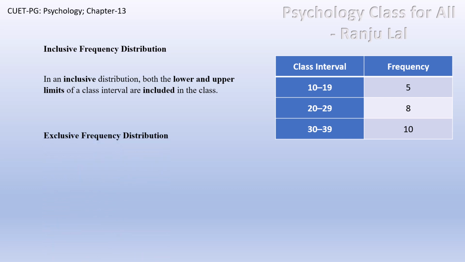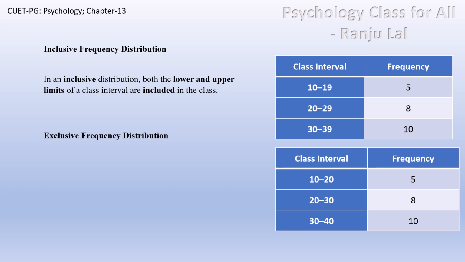The next is exclusive frequency distribution. In an exclusive distribution, the upper limit is excluded and the class interval includes values from the lower limit up to but not including the upper limit. In this example, the class interval 10 to 20 has the values from 10 to 19, and 20 will be counted in the next class interval, next row, as 20 to 29.